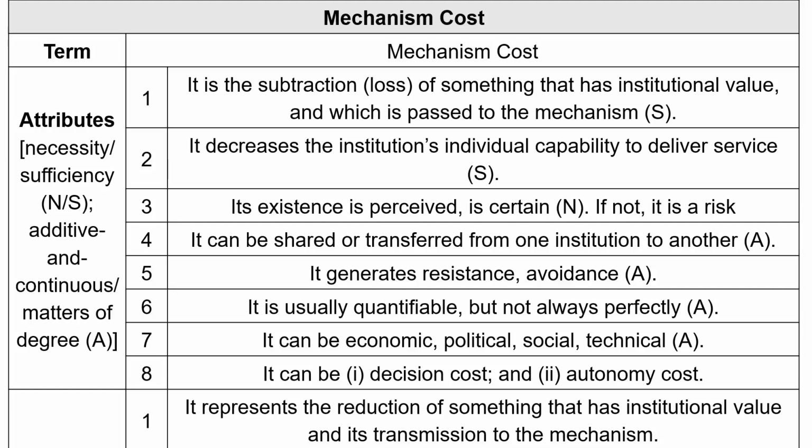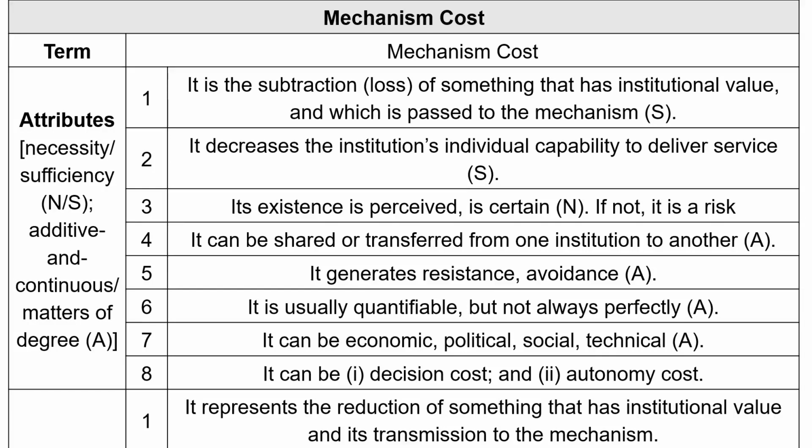He always is going to try to maximize his gains. So all costs generate resistance, avoidance. It's usually quantifiable, but not always perfectly. It can be economic, political, social, and technical. As I told you, it can be a decision cost or an autonomy cost.